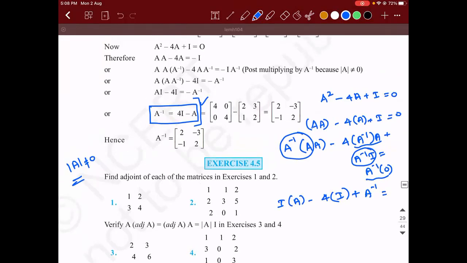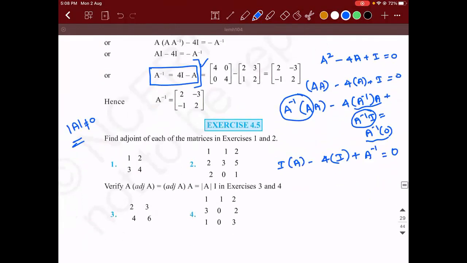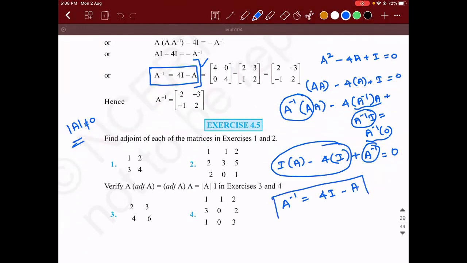Zero matrix. Now we need this A inverse. So take A inverse is equal to push these two things to the other side. You will get 4I minus A. Am I clear, guys? So that's the way you solve this problem.